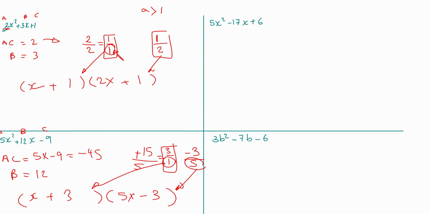Okay, this is another example. 5x squared negative 17x plus 6. A, B, C. AC equals 5 times 6 equals 30 and B equals negative 17.